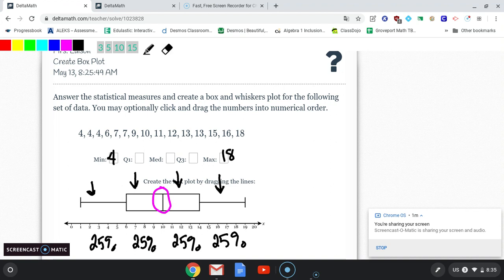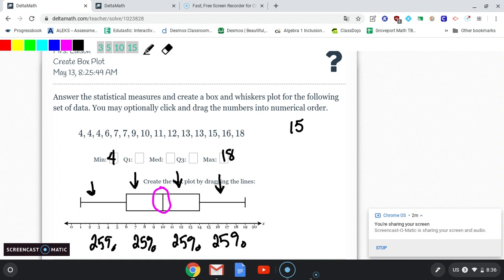And then for the median, that's going to be the middle number, so we have to figure that out. So I have to count how many numbers there are. I have 2, 4, 6, 8, 10, 12, 14, 15. That means the middle number is going to be after the 7th number, because 15 divided by 2 is 7.5.